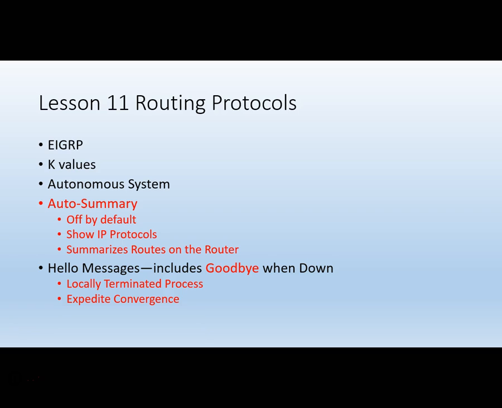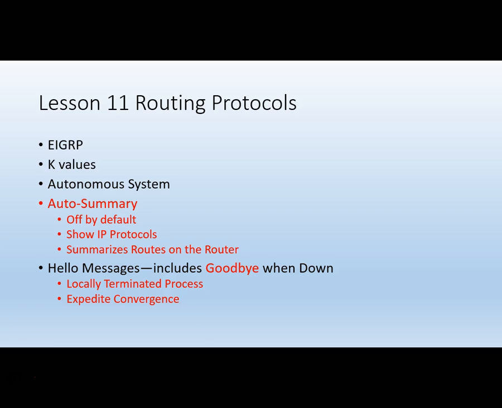We have an autonomous system number when we configure EIGRP: router eigrp, and then the autonomous system number, and then we advertise our networks. Autonomous system means that if I put a router in autonomous system 30, it will only communicate with other routers in autonomous system 30.